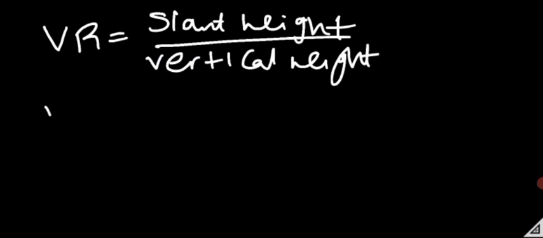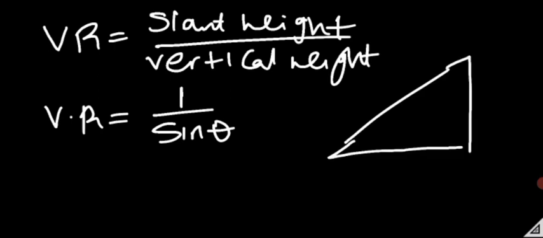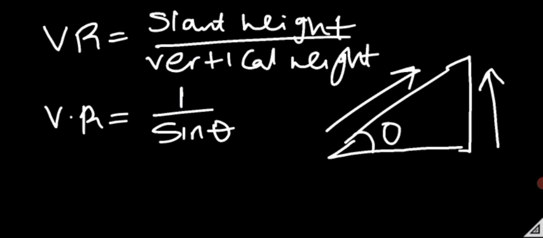And number two, velocity ratio is equal to 1 over sine theta. This is for what? This is for inclined plane. Note this down. And we know that the slant height is along this point and the vertical height is along this point. Why? This angle here is the theta.